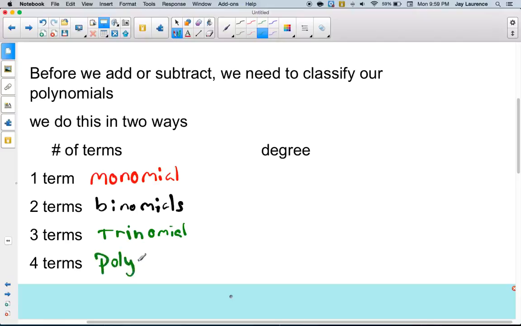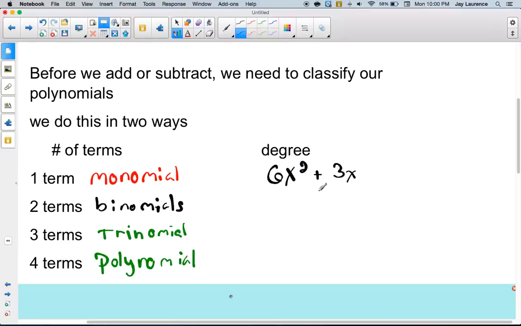Now, to classify by degree, we look at the highest degree or the highest exponent found. For example, if I have 6x squared plus 3x, that's a binomial, right? Well, the highest exponent is 2, so therefore this polynomial is degree 2.